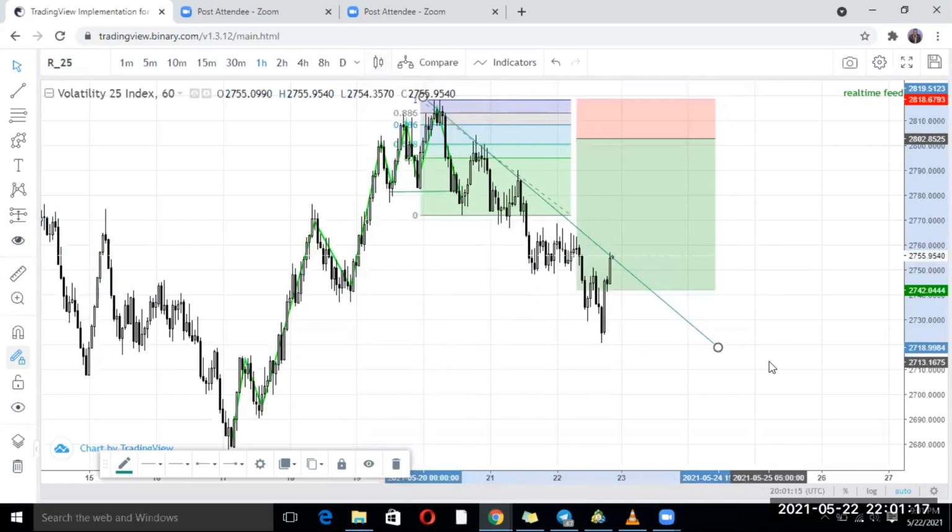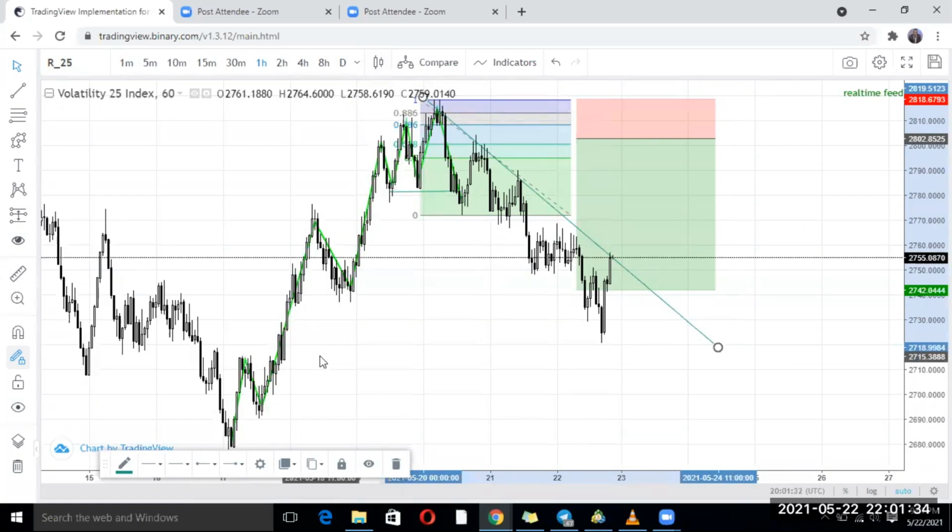So I'll wait, because I'm seeing that this market will still go a bit probably to this point here, either here or here, because there's another block here, so we might want to come and test the other block.